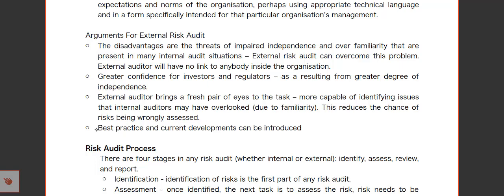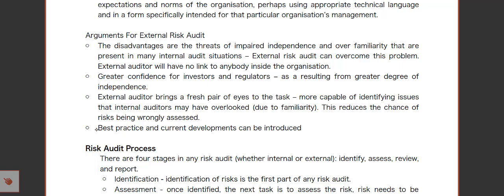That's when you start to tolerate your risk. These are the issues, the reasons why it's important to see risk with a fresh pair of eyes. So that is the good thing about doing an external risk audit.